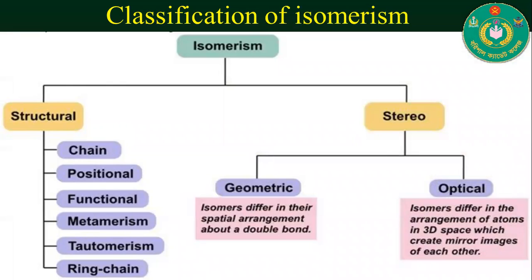You have already known the classification of isomerism. You know that isomerism is of two types, structural and stereoisomerism. Structural isomerism contains chain isomerism, positional, functional, metamerism, tautomerism, and ring-chain isomerism, which were already discussed in your previous lecture.